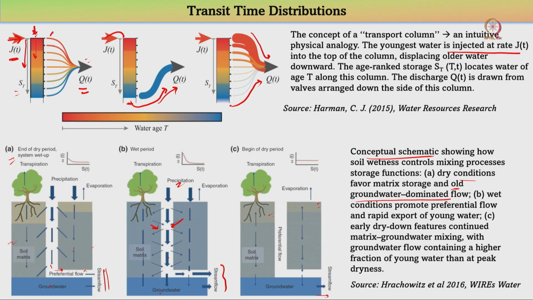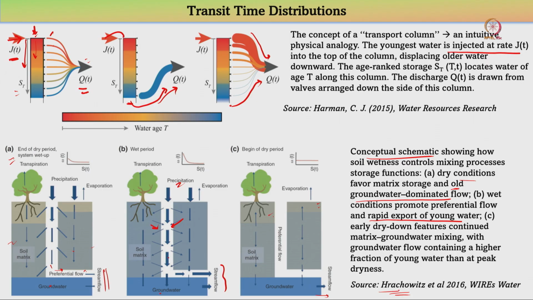Then there is the wet conditions that rapidly expose the young water coming in, as compared to the beginning of the dry season where this new groundwater and the more mixed groundwater is coming.